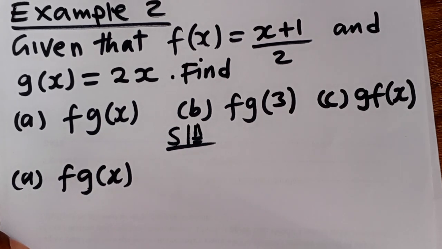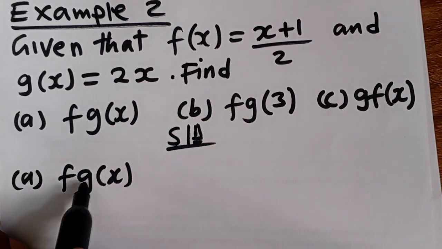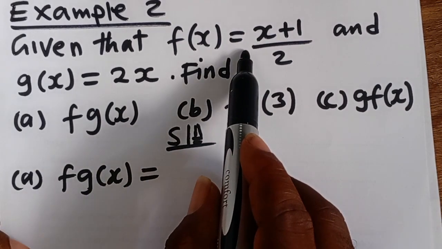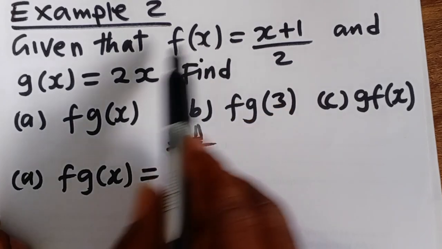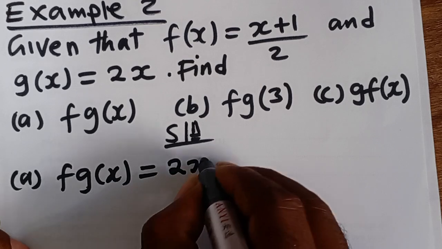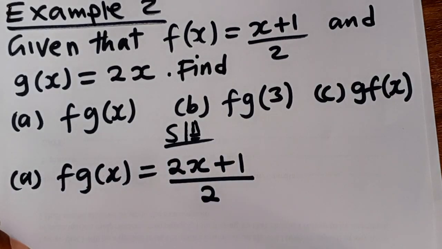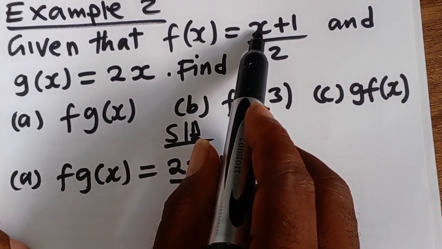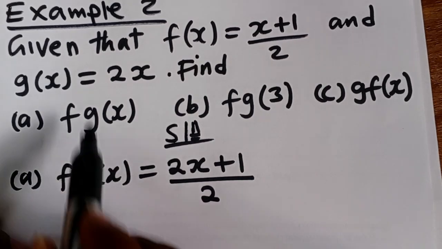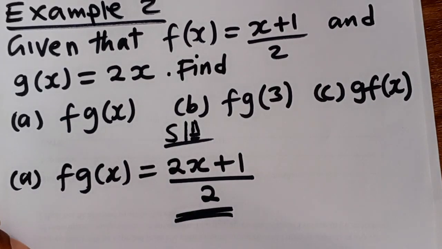So where there is x in the f of x, we are going to substitute g of x. So it is going to be (2x plus 1) over 2. Where there is x here in f, we have substituted g of x, which is 2x. So this is our answer.